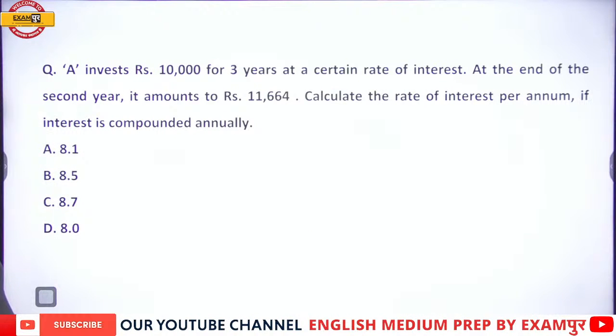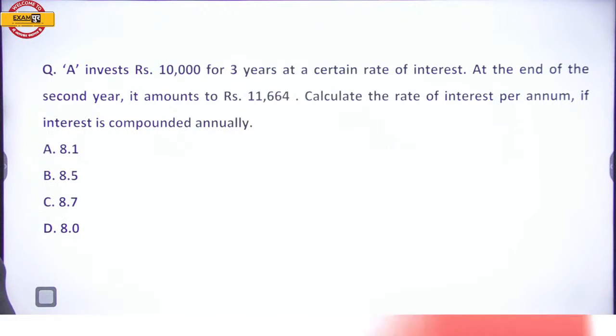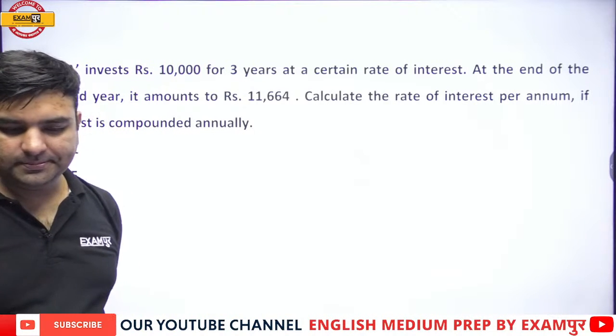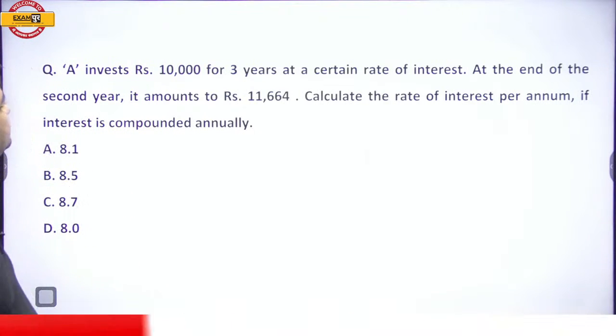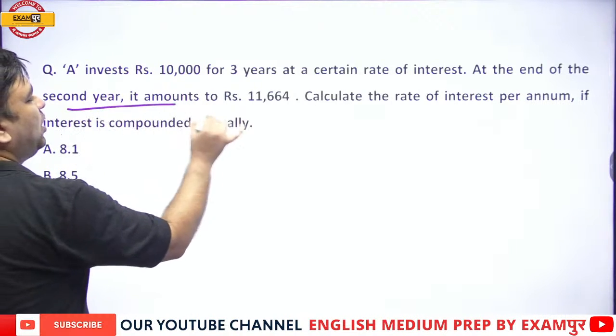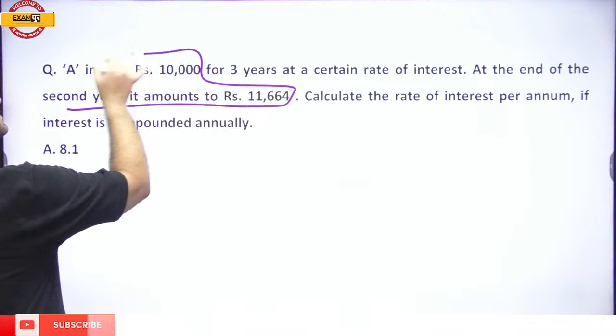A invests 10,000 for 3 years. At the end of second year, the amount is 11664. Calculate the rate of interest. Okay, amount after second year is known.